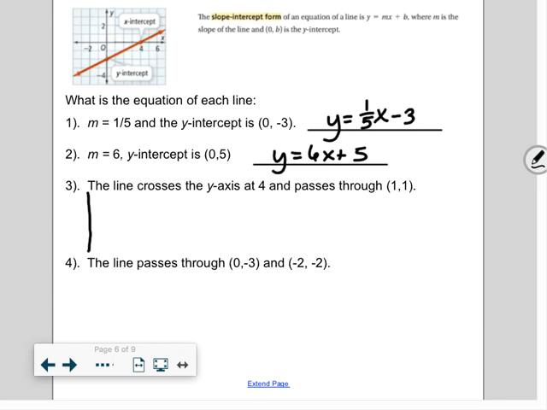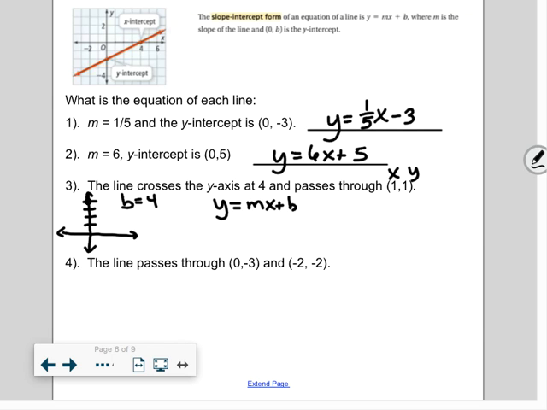Okay, let's stop and think here a moment. 1, 2, 3, 4. It's telling me it's crossing the y-axis at 4, isn't that b is 4? And then I have a point, x, y. So I'm going to go to y equals mx plus b, and I don't know m.